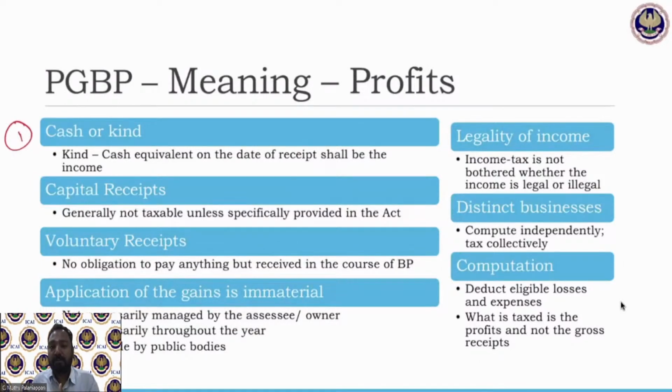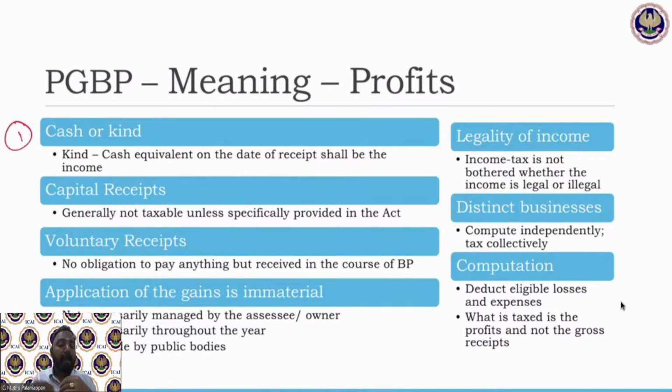I think we studied the barter system in 11th standard commerce. It says goods for goods. So instead of getting money, you get goods back. So you exchange. This exchange could also be in kind, which means it need not be cash.